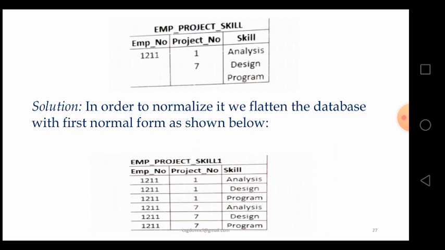Next, in order to normalize, we flatten the database into first normal form as shown below. Employee, project, skill.